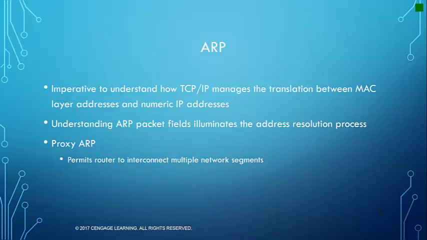Because hardware MAC layer addresses are so important when identifying individual hosts on any TCP/IP network segment, it's imperative to understand how TCP/IP manages the translation between MAC layer addresses and numeric IP addresses.